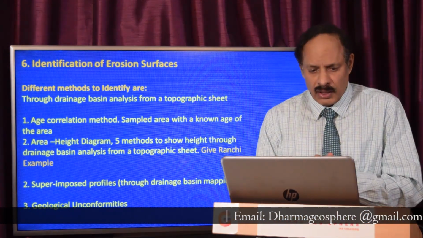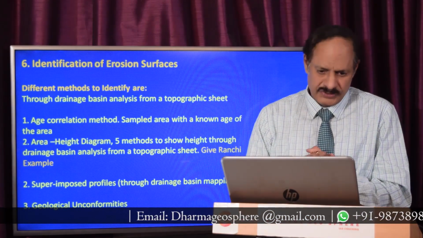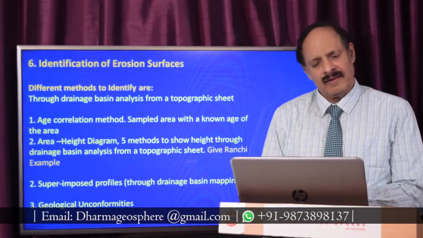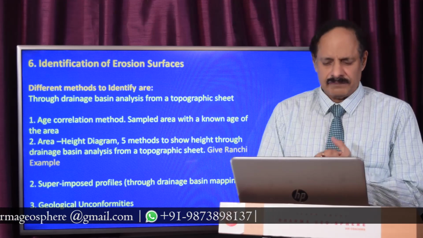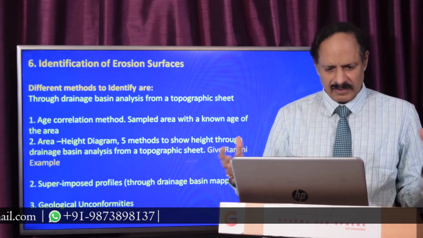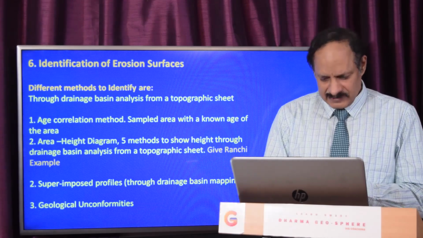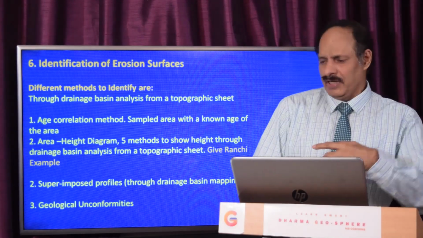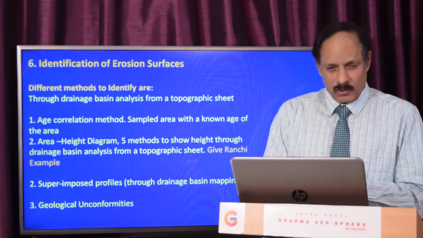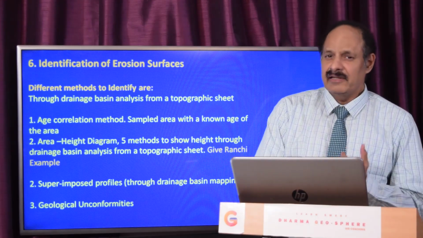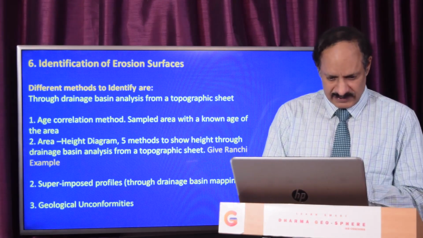Then coming to the identification of erosion surfaces. Regarding the identification of erosion surfaces, there are different methods. You can do it through drainage analysis from a topographic sheet, and then overlap the profiles and identify where the erosional surface has occurred.